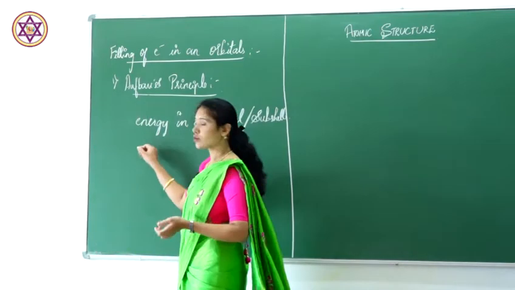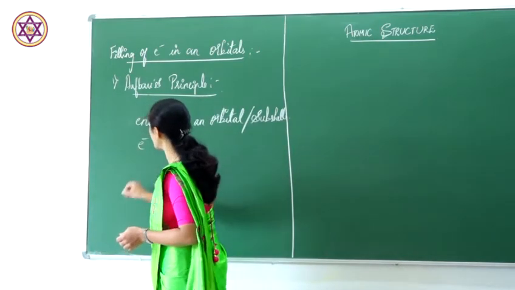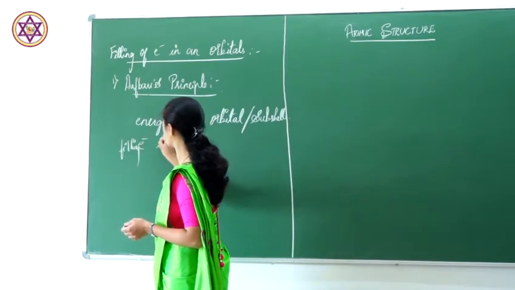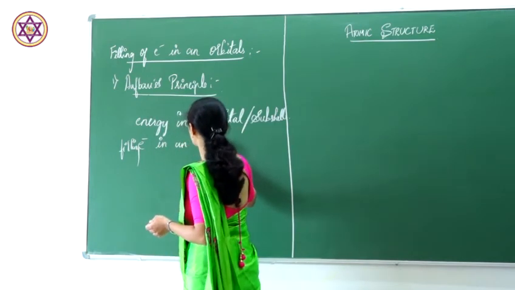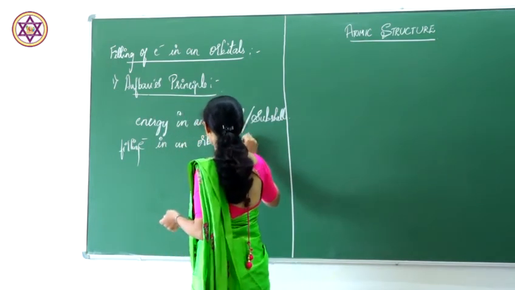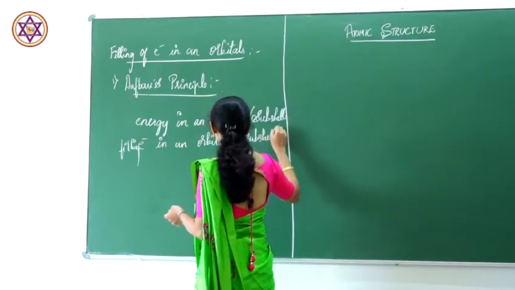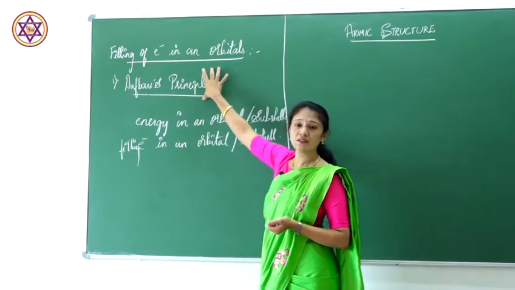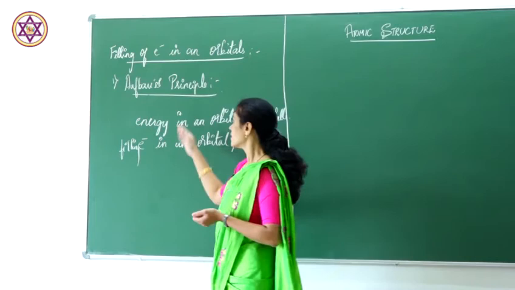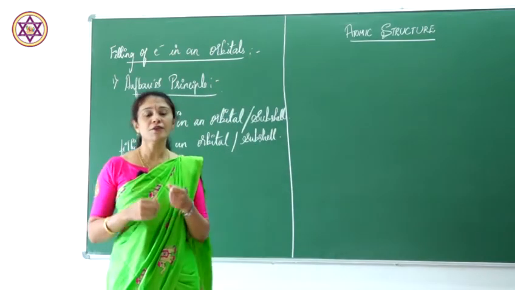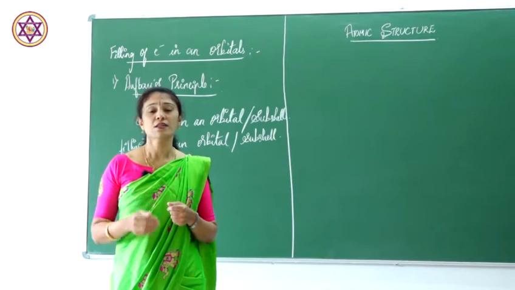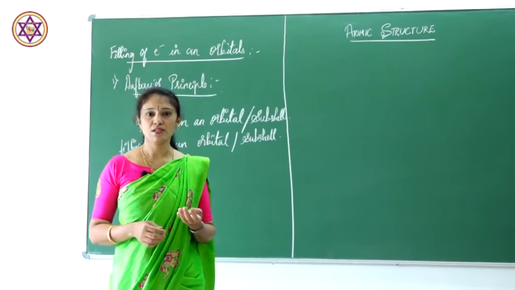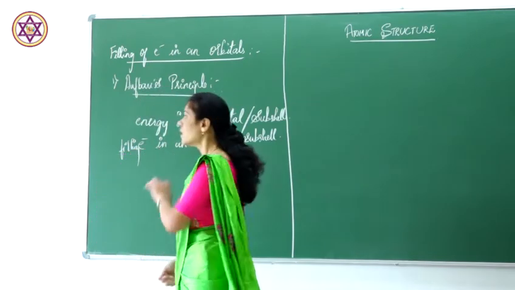Also it tells about the filling of electrons in an orbital or subshell. This is the main thing you learn in Aufbau principle, that is energy. According to Aufbau, the filling of electrons takes place in the increasing order of the energy levels in the subshells. That is the Aufbau principle.